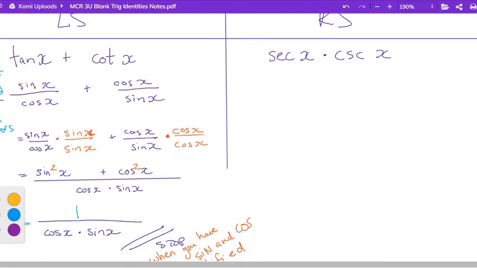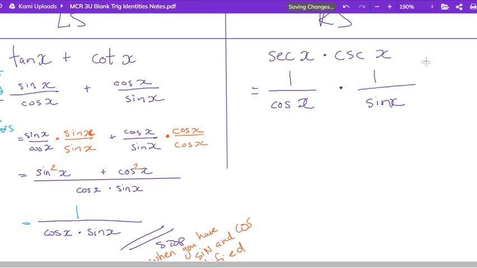Okay, well, this is helpful. I know that secant is the same as 1 over which one? And cosecant is 1 over sine x. Oh, these are just reciprocal ratios.